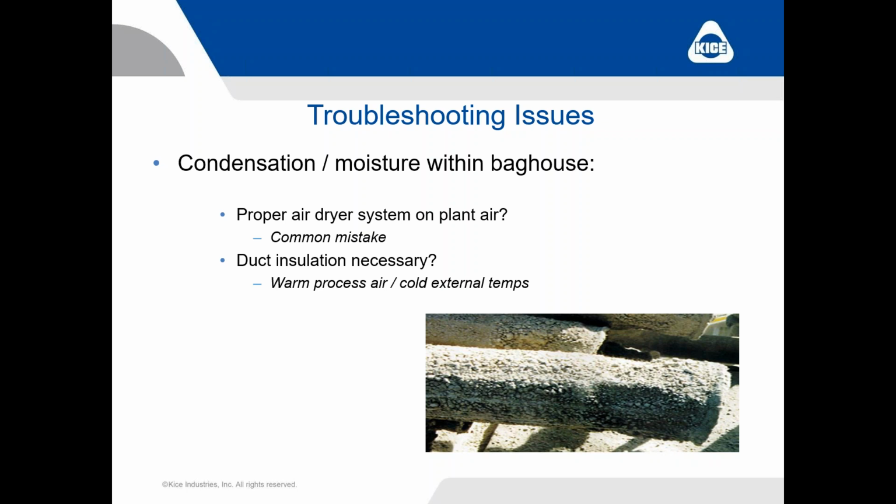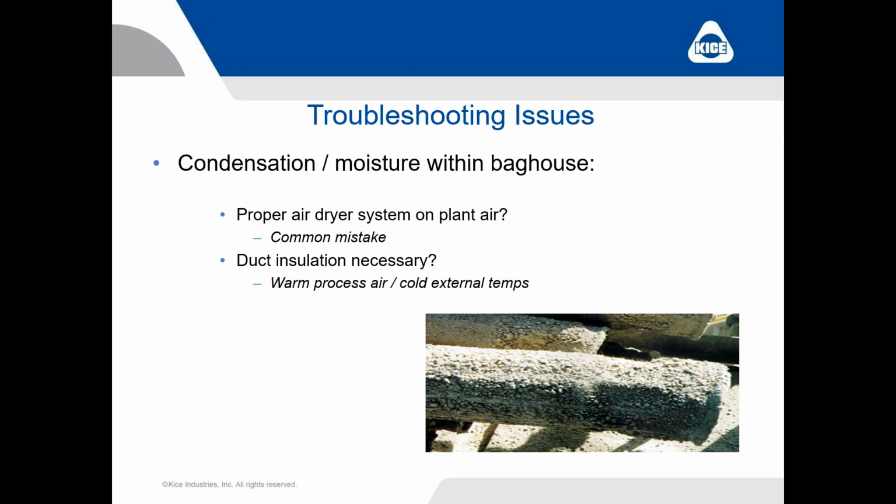Now, sometimes it has nothing to do with the air dryer. The second point here is talking about insulation. Maybe your filter sits out behind the building and you've got a nice process going on inside the building, but 2 months out of the year, when it's cold in your area, you bring that warm process air out through the wall and into that cold baghouse outside, that can sometimes create condensation, can create moisture inside the baghouse, and that can lead to problems.